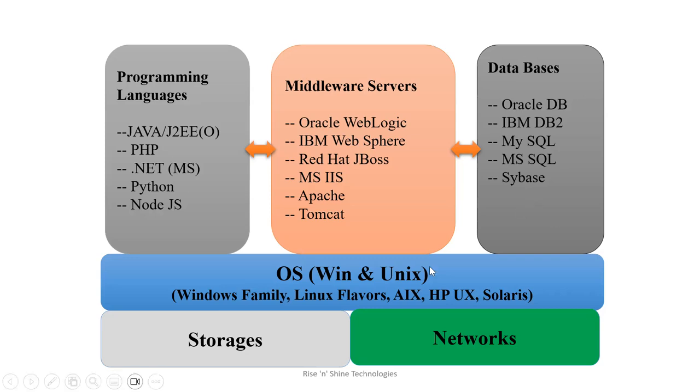If I do all these things in the background, then we can log in, create accounts, and access the courses. That is using software through online. So that's what we call software as a service.